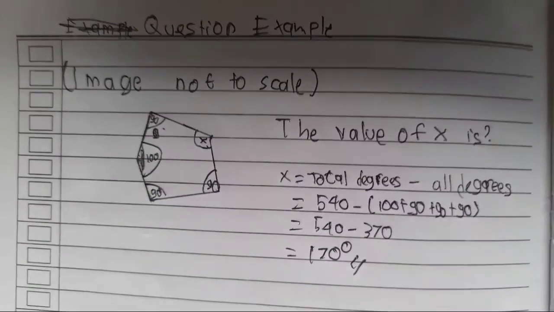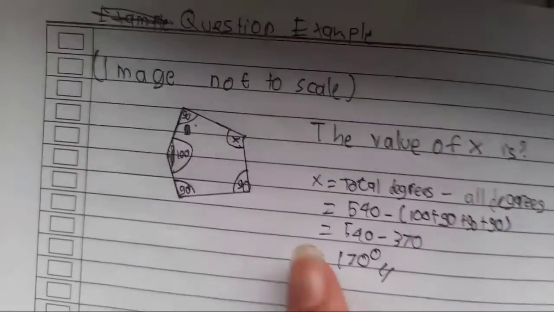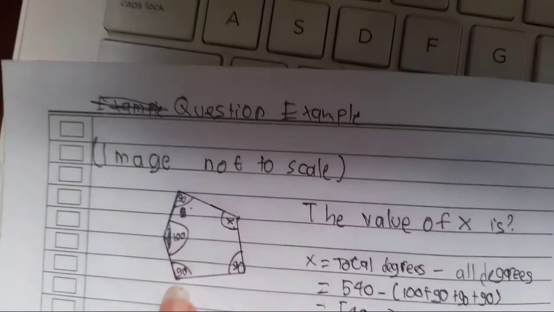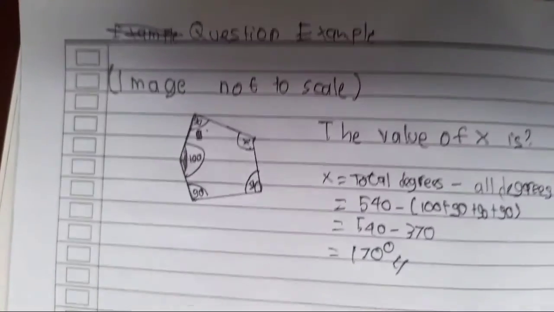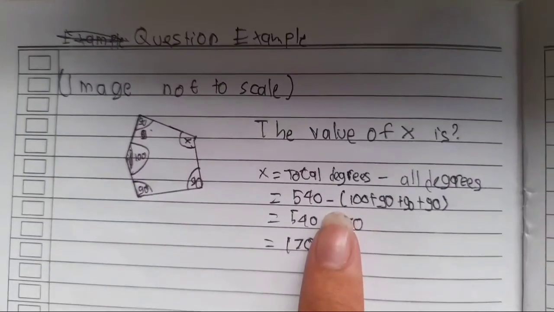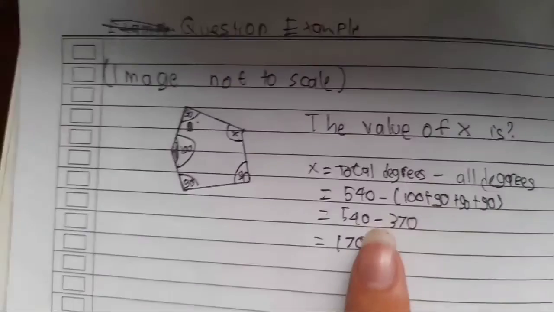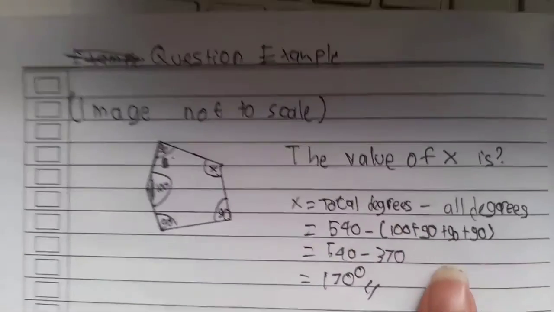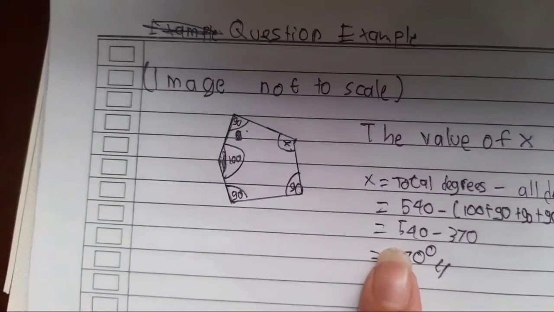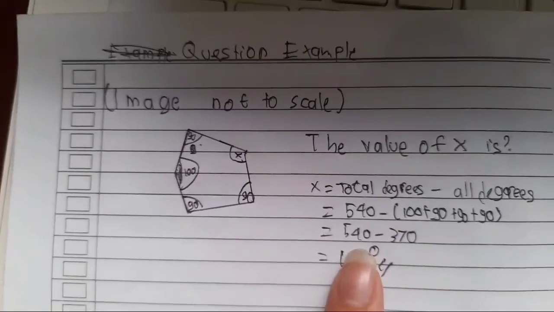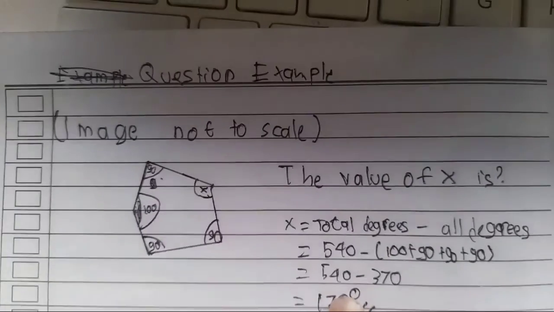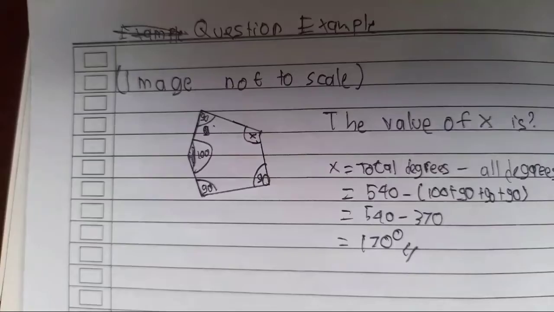So how to do it is the total degrees minus all the degrees that are in the picture. So 540 minus 100 plus 90 plus 90 and plus 90. So it's 540 minus 370.